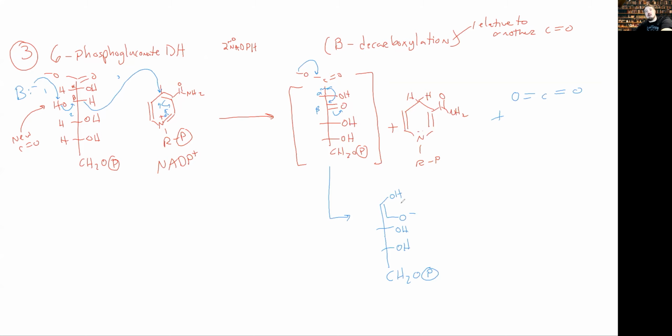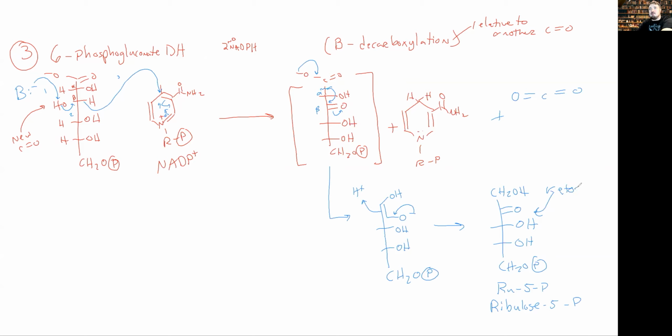And if you remember, enols don't typically like to exist. And so what we're going to do is tautomerize back to the ketone form. And this is going to be our final product of the oxidative phase, ribulose 5-phosphate. Notice that this is a ketose sugar.